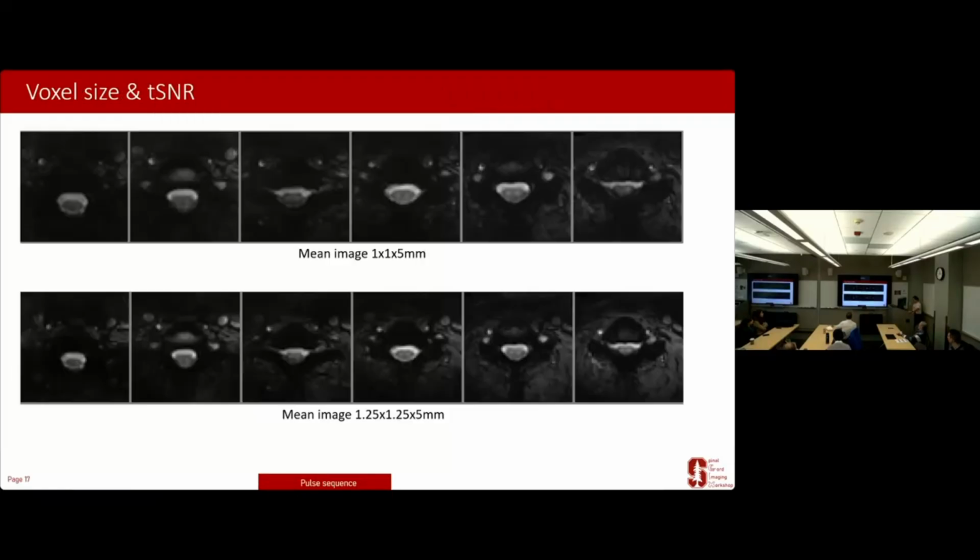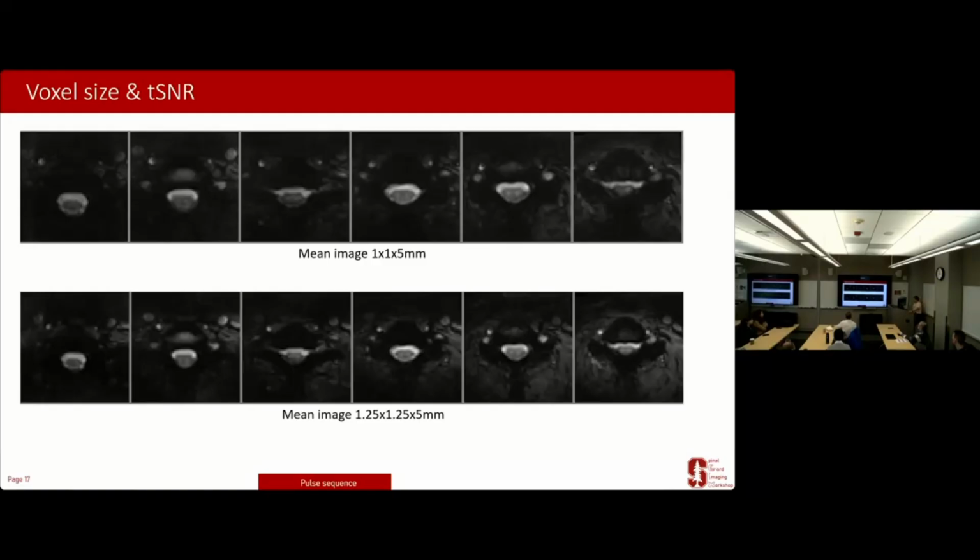We played a bit around with the voxel size and looked at the TSNR. As you all know, for spinal cord fMRI, TSNR is more precious than ever. At the same time, we want high spatial resolution, but these two things don't go together.